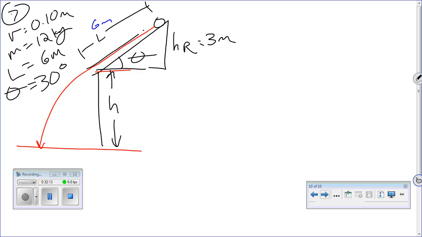Everybody good? This is literally what we just did. Up at the top, all of our energy is gravitational potential energy, so our energy is mgh. And then when the ball gets to here, I'm sorry, HR.